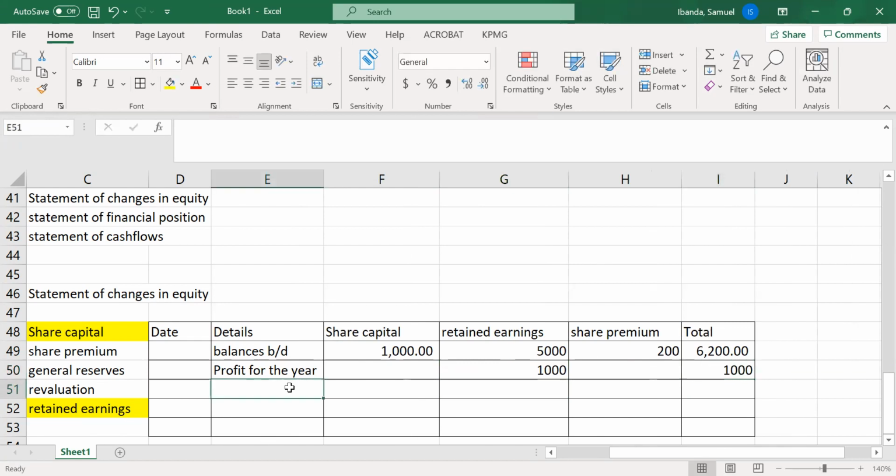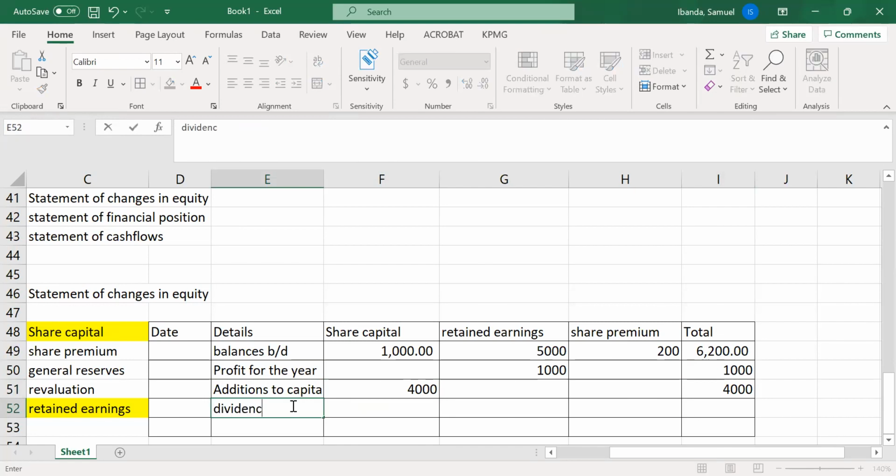Now, the other thing that you look at, in case there were any capital additions, share capital increased in the period, you say additions to capital. Maybe it's a sole proprietor business. If the shareholders contributed more capital, let's say maybe 4,000, it will be there. You cascade down this side and you'll be able to get your total. The same thing will also happen when you've given out dividends.